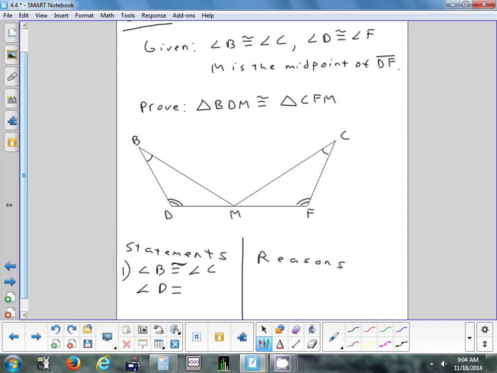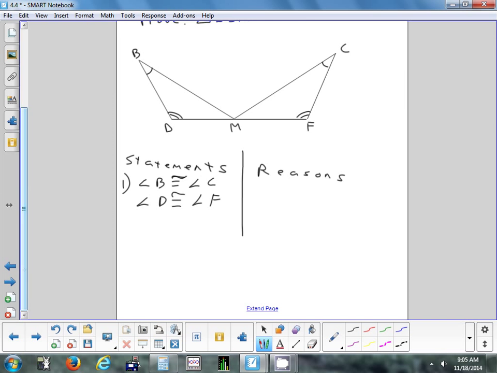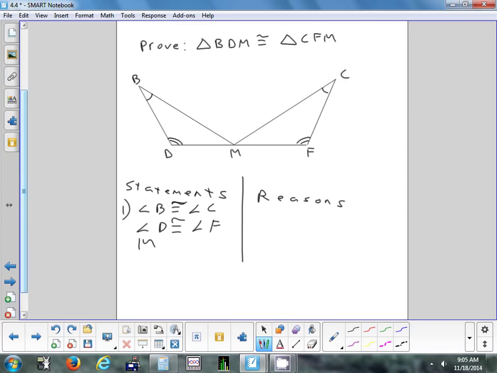Angle D is congruent to angle F. Jacob, what would be my third statement under that first reason? Yep, so M is the midpoint of segment DF. Since that's all given, let's just put it all in the same statement. Midpoint of segment DF.